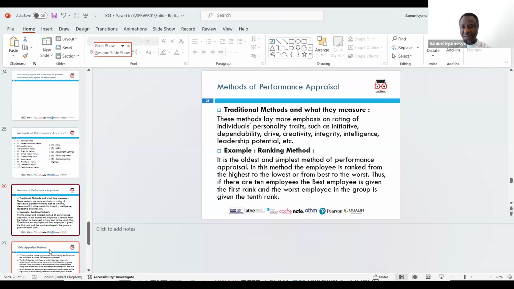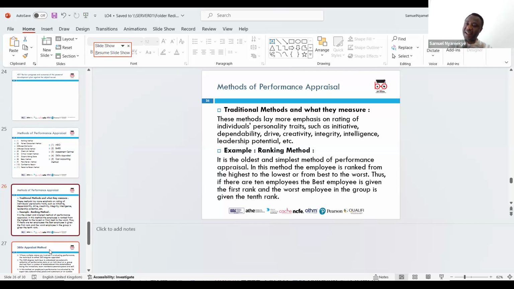These are the traditional ones. Like we said, ranking, for instance, is one of the ways by which you rank the person from the highest to the lowest, or the best to the worst. And we've just mentioned that these have limitations also.